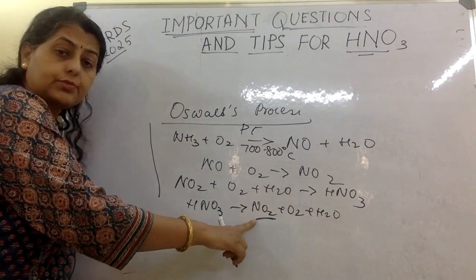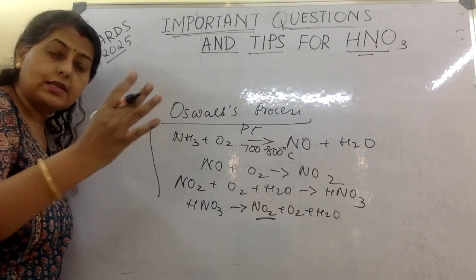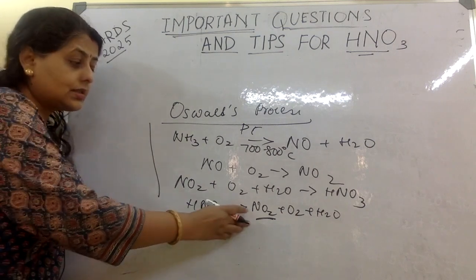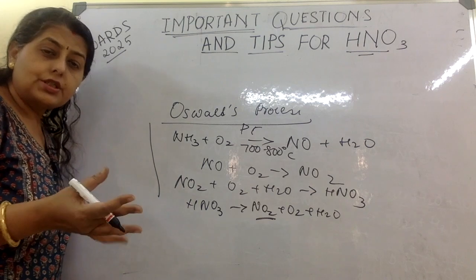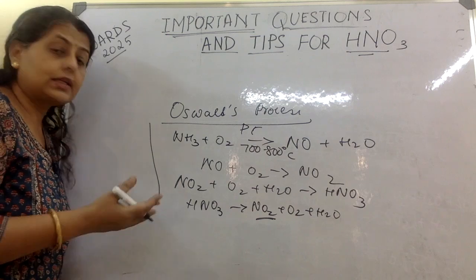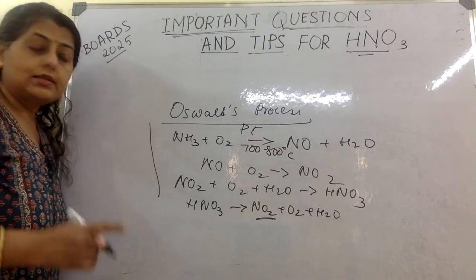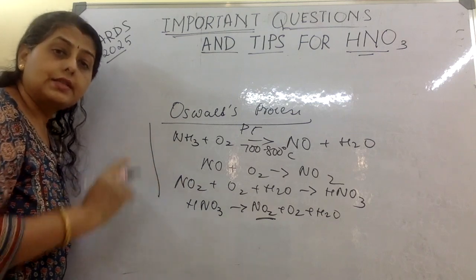Now this is the reason behind the reddish brown or yellowish brown color, because nitrogen dioxide has a reddish brown color. So chemistry teachers, even without seeing the label, can tell which is the bottle of nitric acid. The reason is its volatile nature.